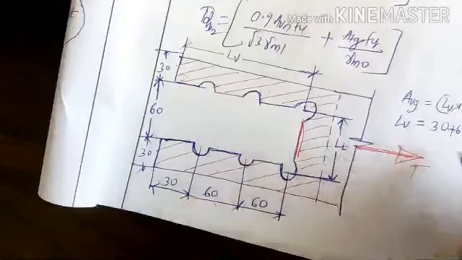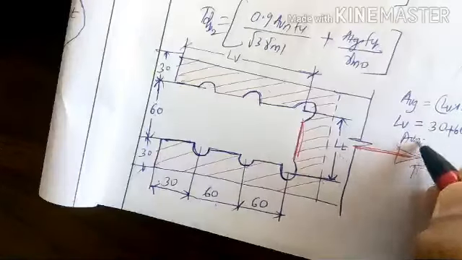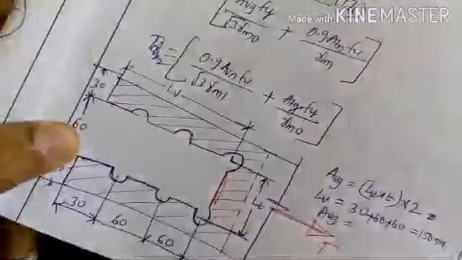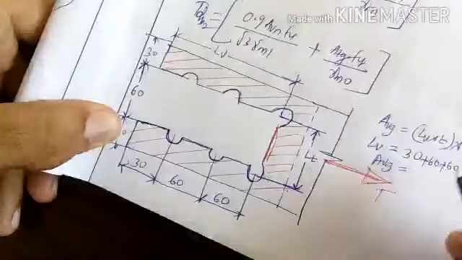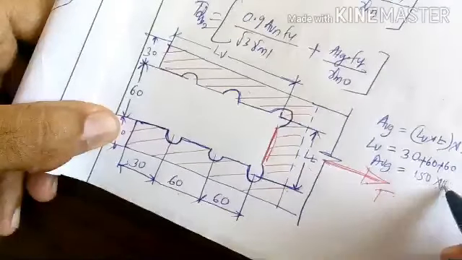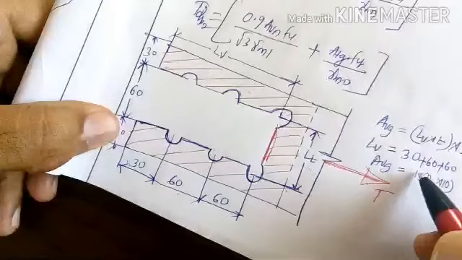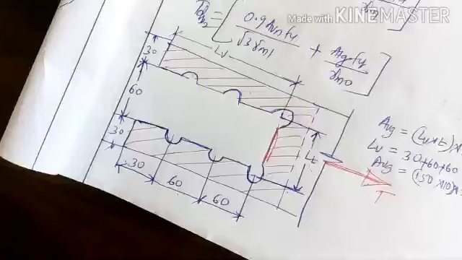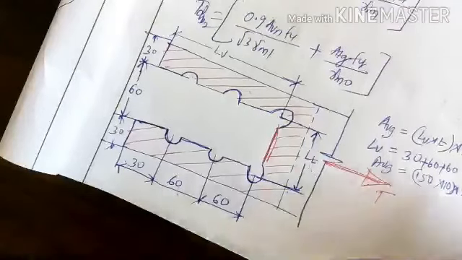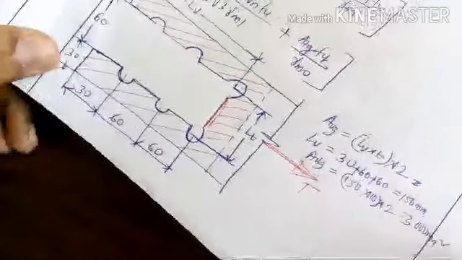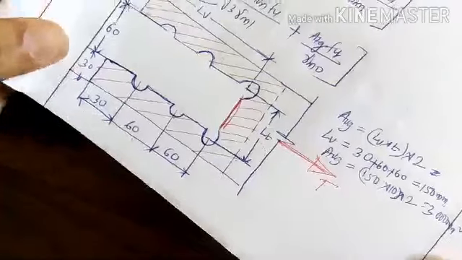Then AVZ will be 150 into 10 into 2 sides, so the answer is 3000.